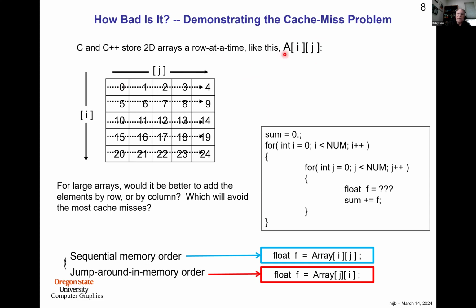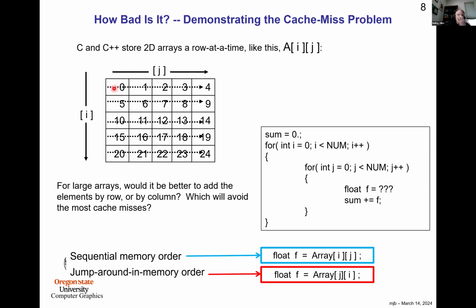So if I do this, really all the values are stored horizontally. So the first value in that is stored here, and then here, and then here, and then here. So in terms of i and j, this row is i equals 0. So 0,0 is followed by 0,1 is followed by 0,2, and so on.